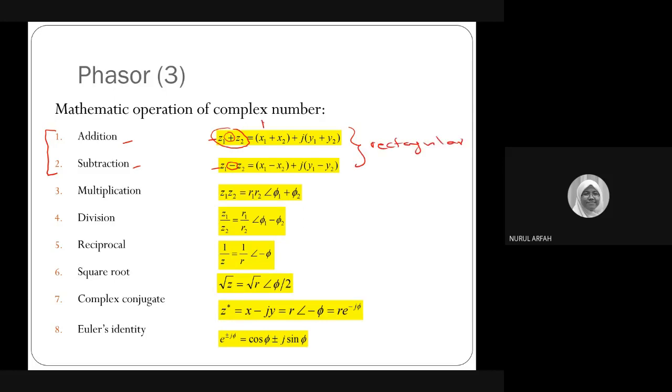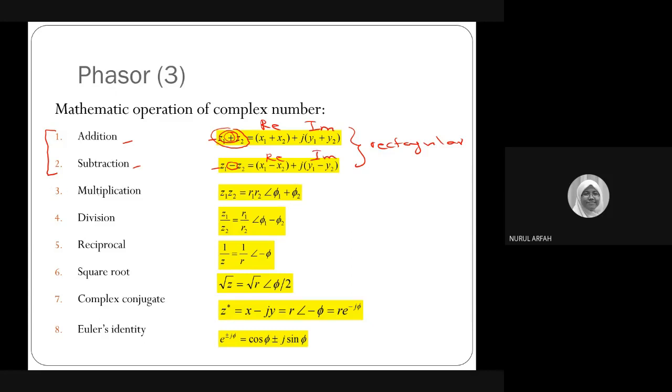The real parts you add together and the imaginary parts you add together if it is plus. If it is minus, the real parts you subtract and the imaginary parts you subtract. Clear, right?